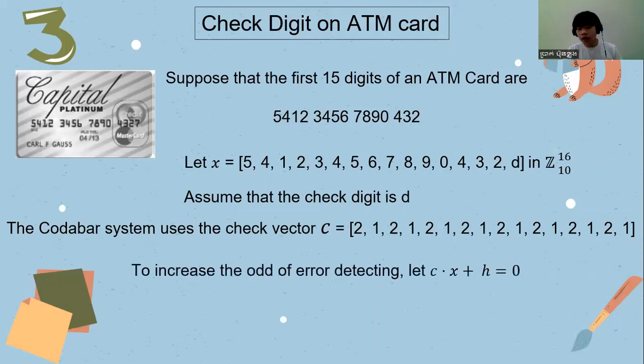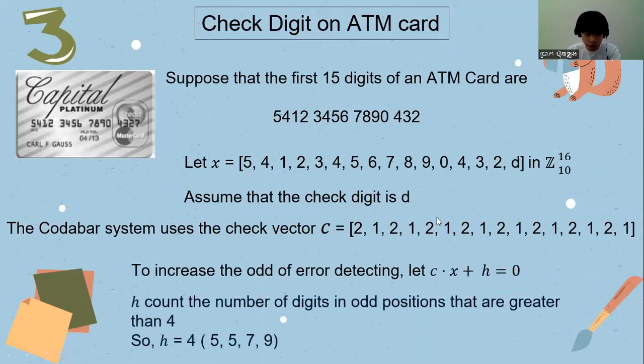To increase the odds of error detecting, let C multiply X plus H equal 0. H counts the number of the digits in the odd position that are greater than 4. So H equals 4.